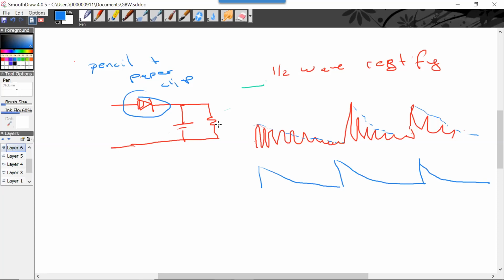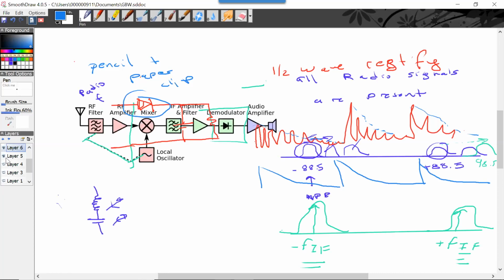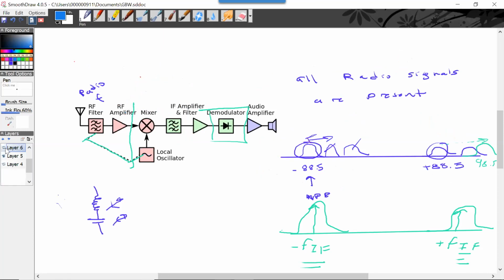Frequency modulation, you can get a lot more data. It's a lot cleaner, less prone to problems. But so basically that's, you know, how does a radio work?